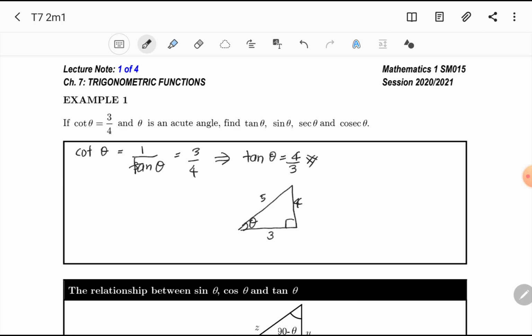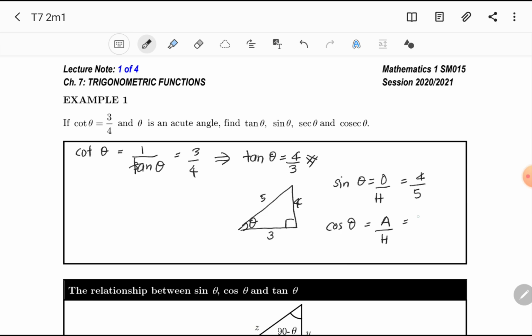Okay, so from the diagram, we know that sine theta is opposite divided by hypotenuse kan. Okay, so equals to 4 over 5. Okay, cos theta equals to adjacent divided by hypotenuse.